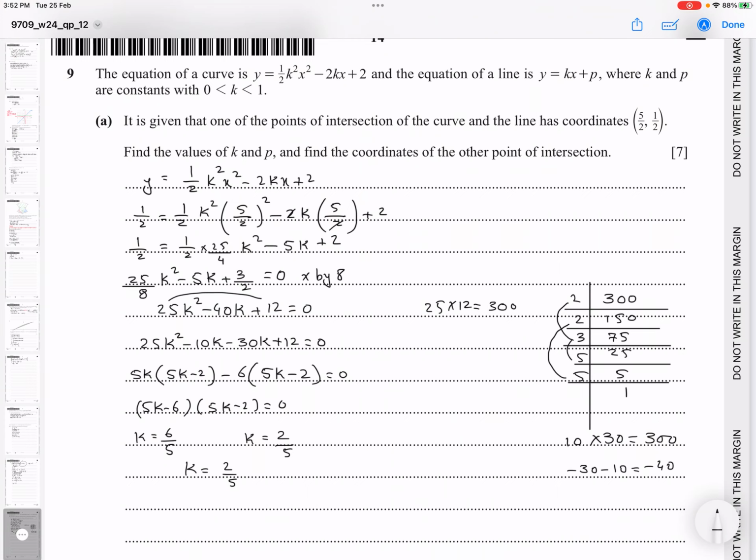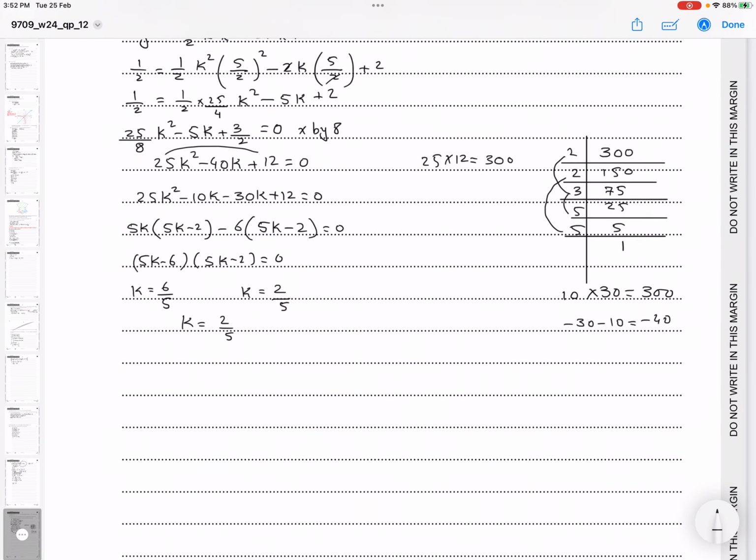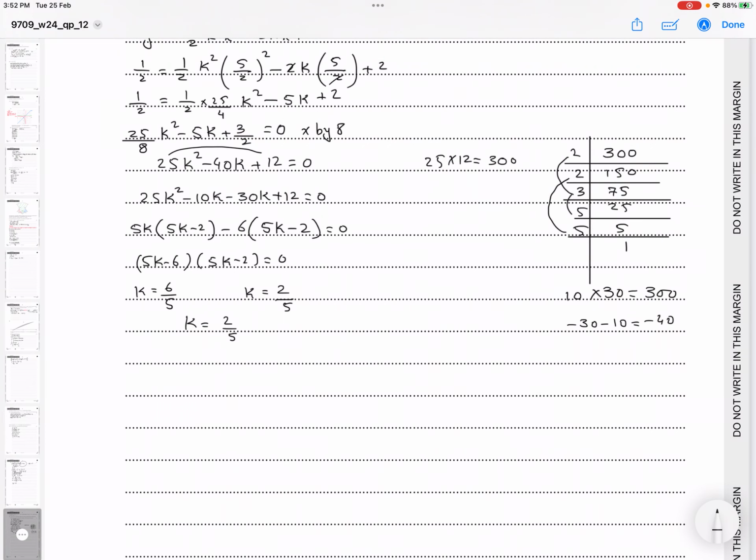Now, your 1 over 2 equals 1 over 1 plus p.